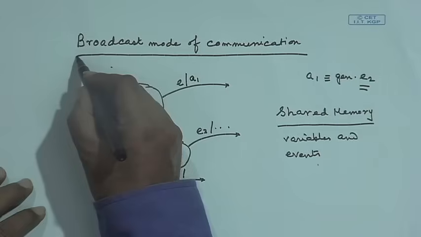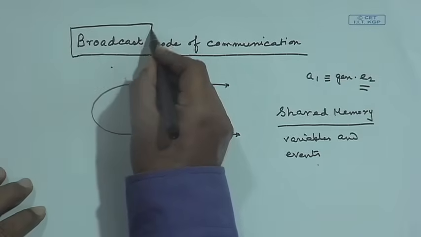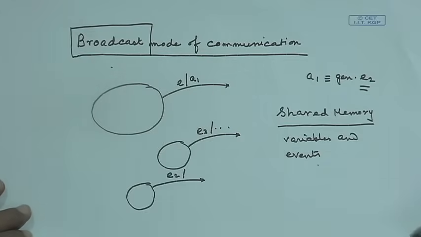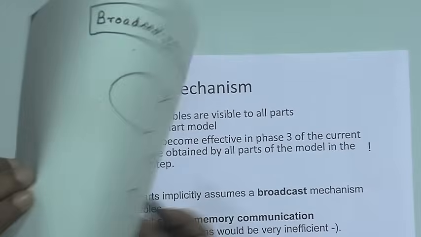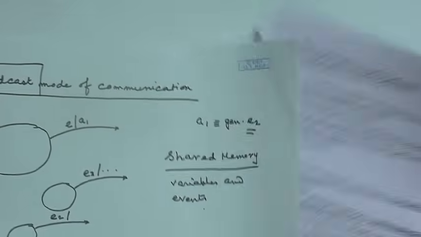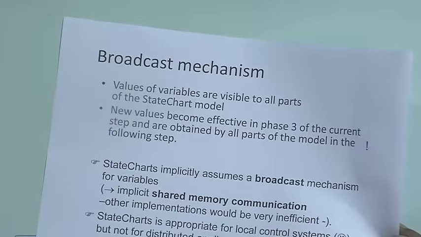So, when the StateMate is executing, it can see all those variables, like a global variable set. Events and variables are being treated in the same way. That is a very important aspect of state chart, that it is a broadcast mode of communication. We will later see that there are other modes of communication as well, which are not broadcast mode.